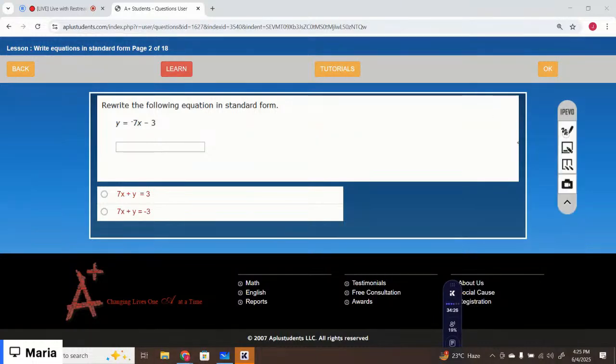Option number two is the correct option. 7x plus y equals negative 2.